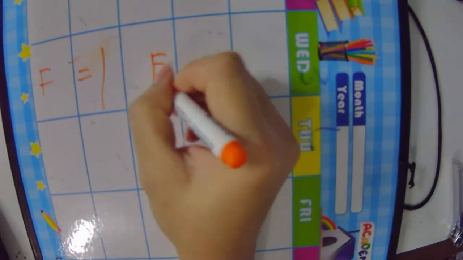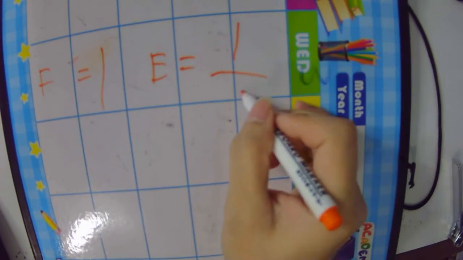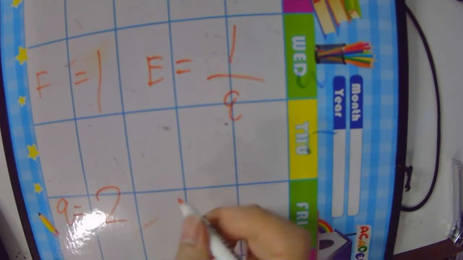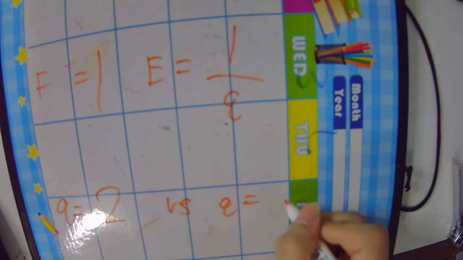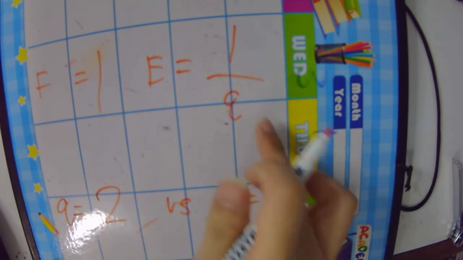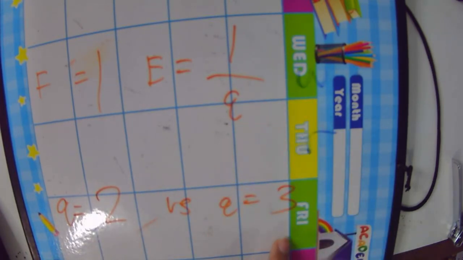So E equals 1 over Q. If Q equals 2 versus Q equals 3, 1 over 2 is bigger than 1 over 3. So one way for us to make the electric field stronger is to reduce the number of coulombs per force, in this equation.